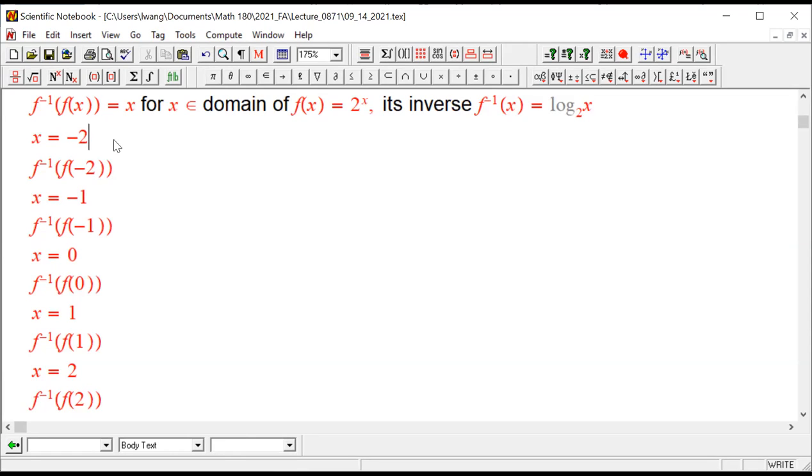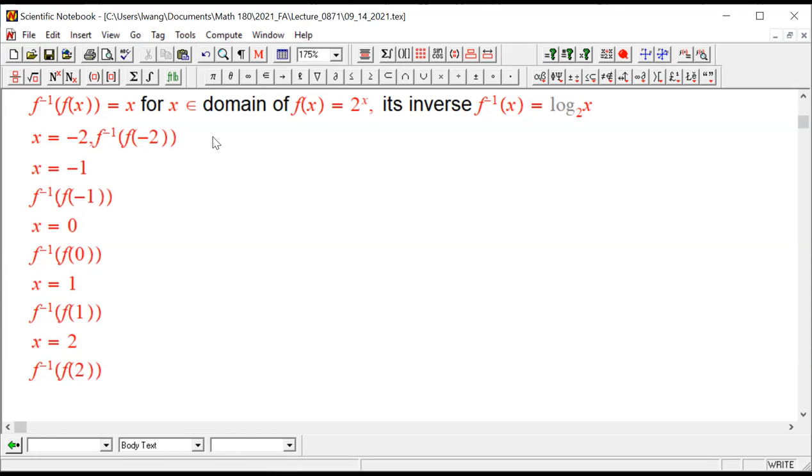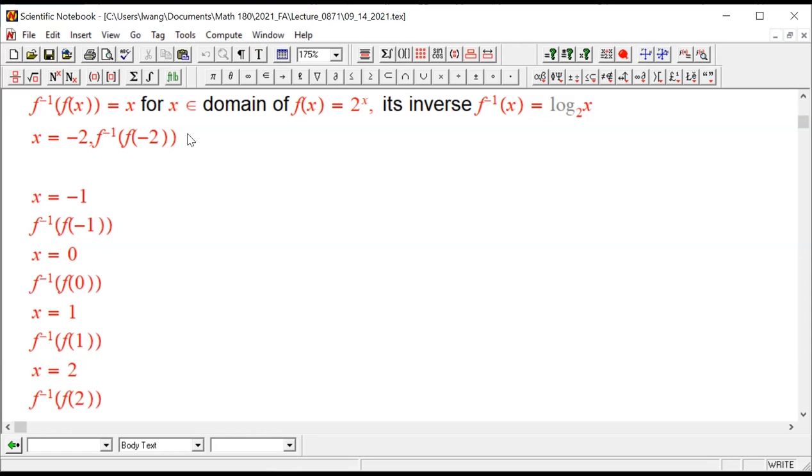So for input equals -2, let me bring this on the same line. F inverse of f of -2, so we're composing functions, right? The function f is 2 to the power x, so -2 is plugged in here. So we get 2 to the power of -2. 2 to the power -2 is 1/4, isn't it?